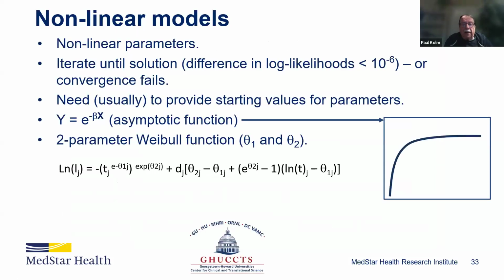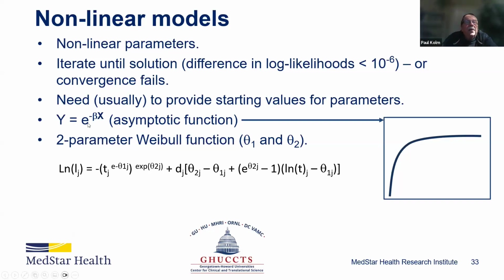So then the last one I want to talk about is where we actually have nonlinear models, and by that we mean they're nonlinear in the parameters. One of the really simple ones is where we have e raised to the minus beta x, where beta is the regression coefficients and x is an independent variable, or a matrix of independent variables.